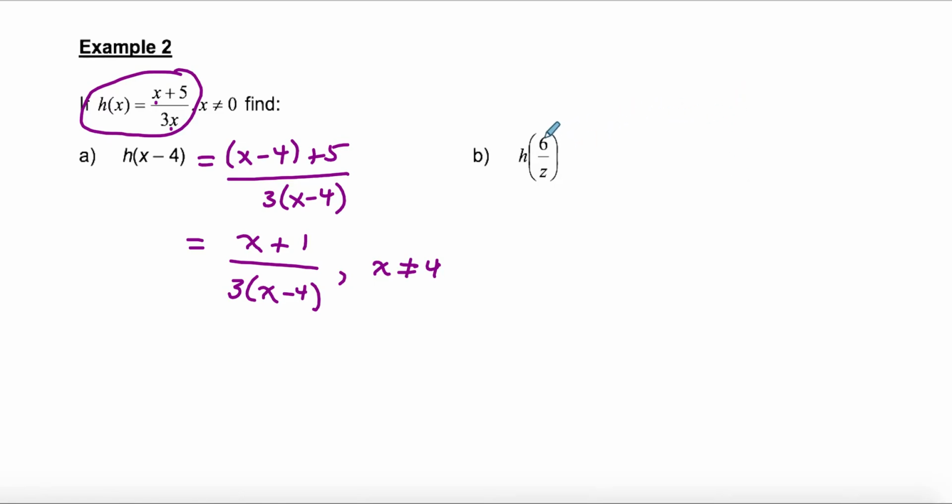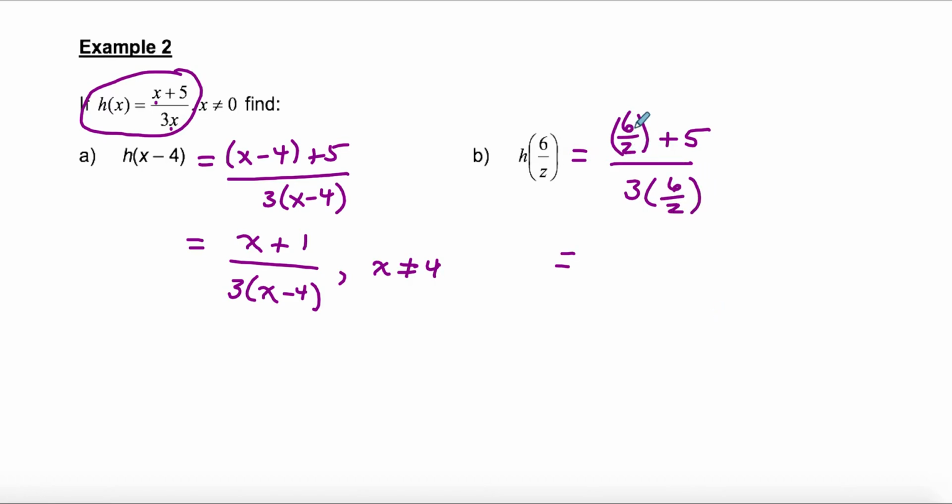Over here, instead of x, I'm going to write 6 over z. Okay, so these are just testing some of your math skills. I'm going to put 6 over z where the x is, and 3 times 6 over z.